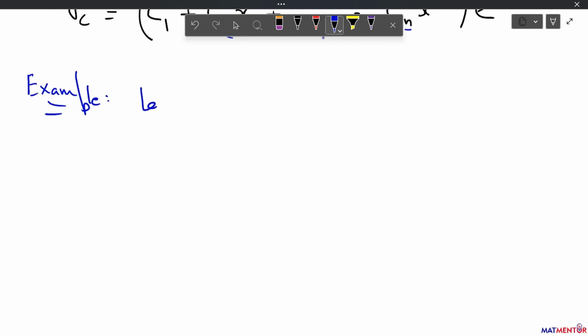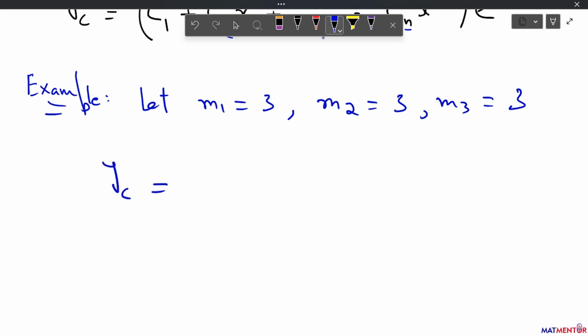Okay. For example, let m1 is 3, m2 is 3, m3 is 3. So I will write yc like, now I have 3 roots. Okay, all of them are the same, but I have 3 roots.